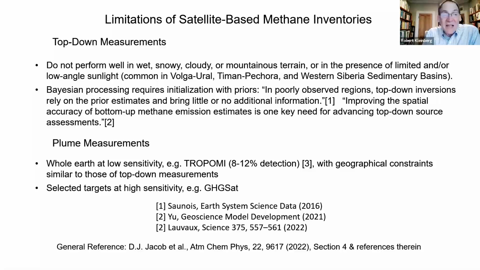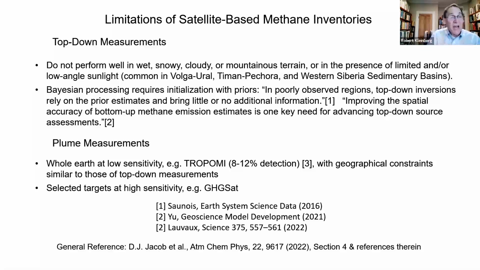Now, these are the exact conditions that are fairly common in the main Russian oil and gas producing regions, the Volga-Ural, Timan-Pechora, and the Western Siberian sedimentary basins. So Russia is a pretty problematic place to be making these satellite measurements.